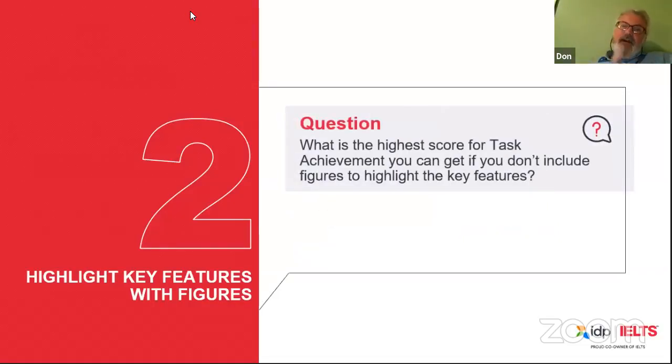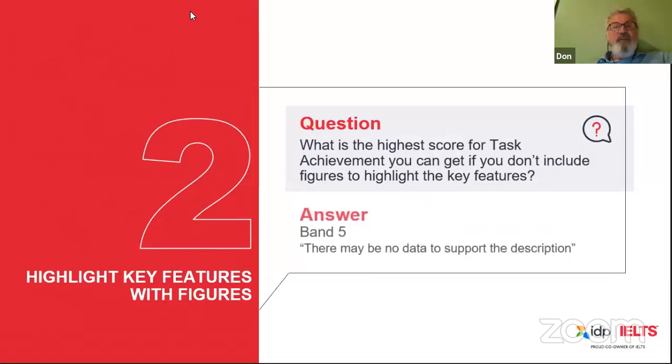Now, you may have looked at your assessment criteria. What happens if we don't use figures? Well, the answer is this. The examiner must give you only a maximum of 5 for the first criterion. And believe me, some test takers forget to use numbers when describing a graph.